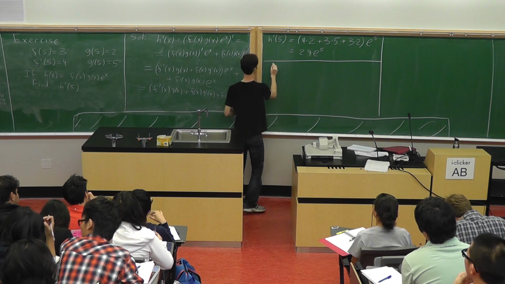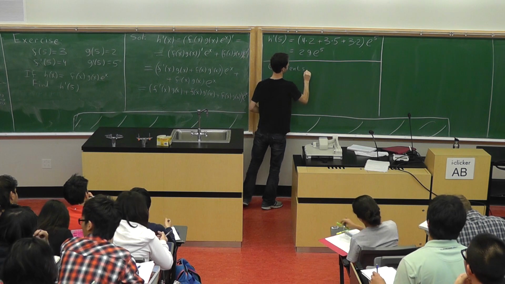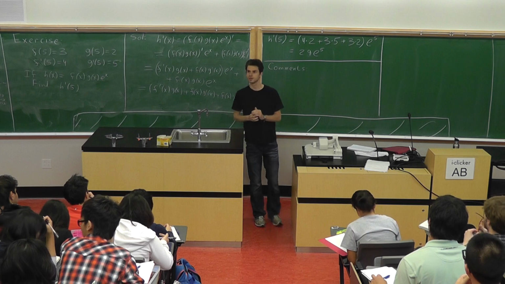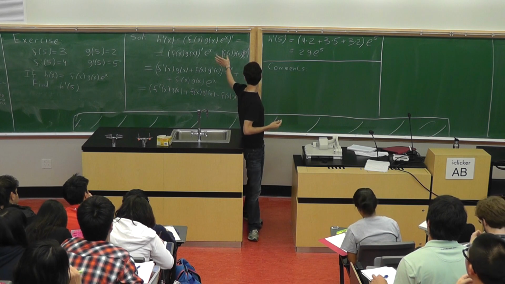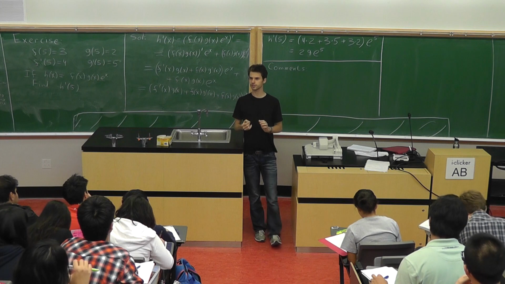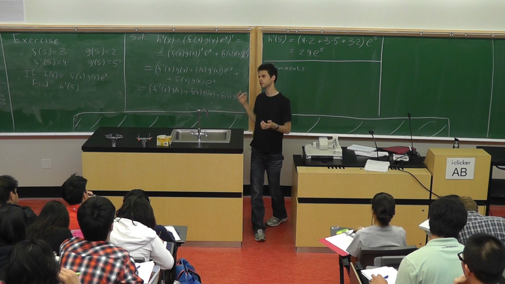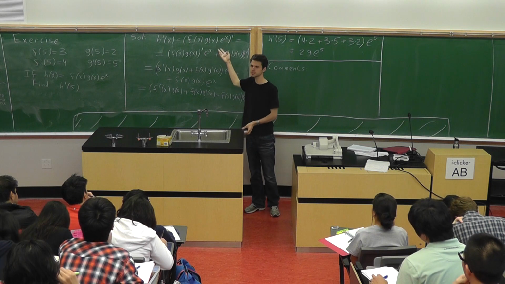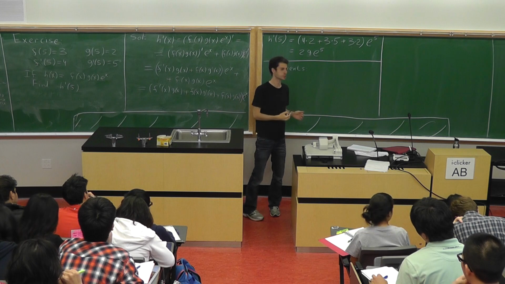Well, maybe some comments about this. So we encountered a derivative of a triple product. We might do this trick once, but we also might as well derive it once and just use it.